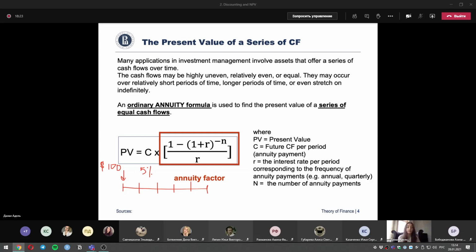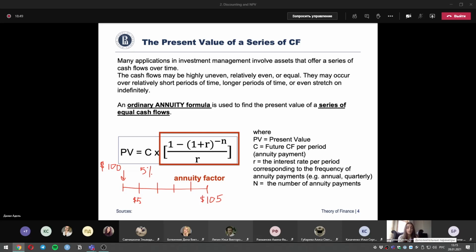Here, let's consider that face value is equal to price, so $100. So we receive $5 every year, and then by the end of the maturity of the bond, we receive the face value of the bond back, this $100 that we paid, and the final coupon payment.